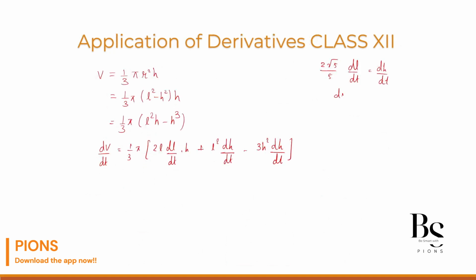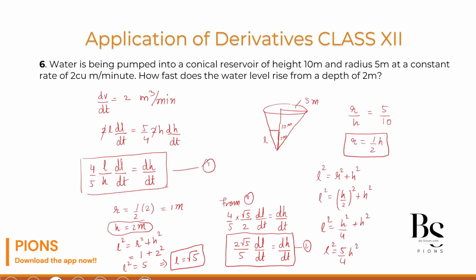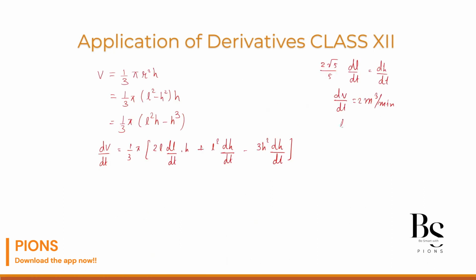What is dV by dt? 2 meter cube. So dV by dt is 2 meter cube per minute. And what is our L and H? L here is root 5 and H here is 2. Correct? Let's substitute the values.